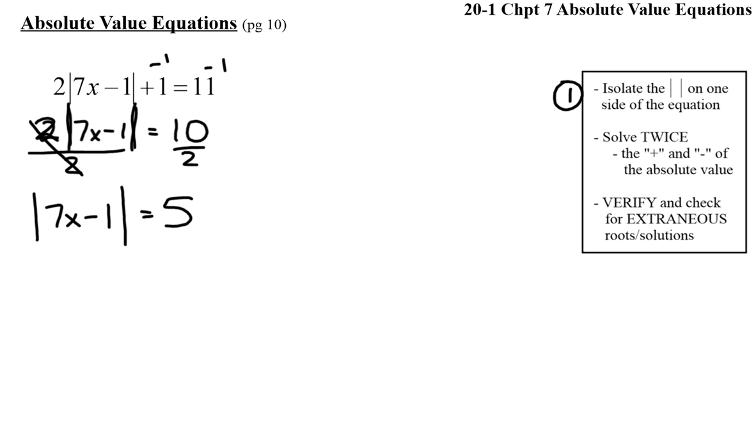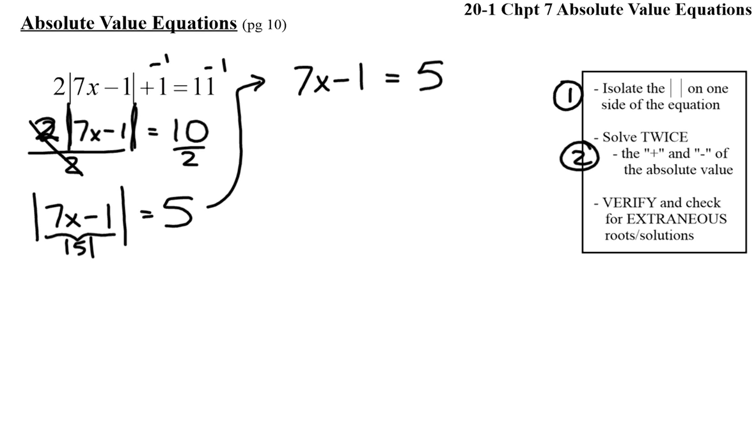From there, well, now we have to solve twice. Because our 7x minus 1, it would be good if that equaled 5, because the absolute of 5 is 5. So we want to solve and get 7x minus 1 equal to 5.